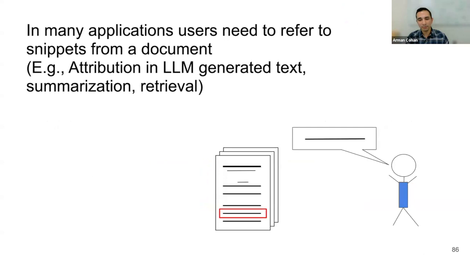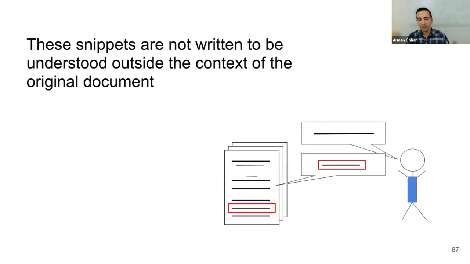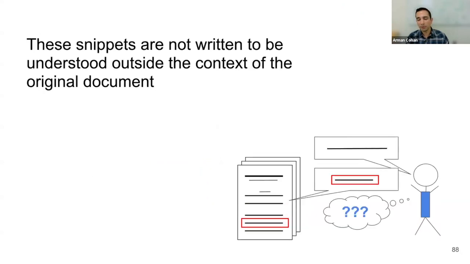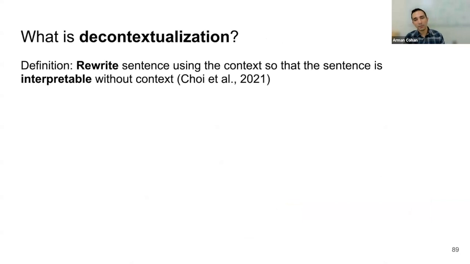You take a snippet from a document and show it to the user. But this snippet can be confusing because you took it out of the context, and the snippet might not be standalone. So the task of decontextualization is rewriting this sentence using the context so that the sentence becomes interpretable without the full context.